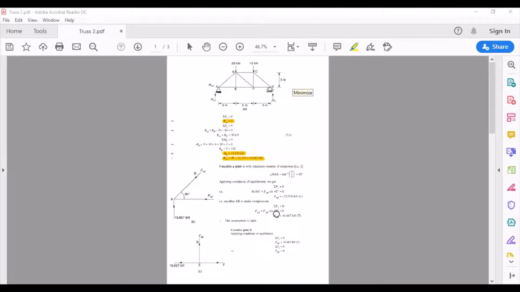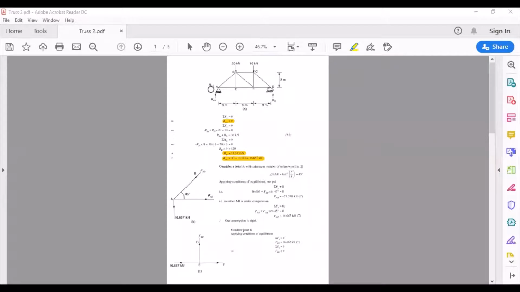Those are two members. Along with that, you have a reaction RAY, which is upwards, and next is RAX, which is 0. So your vertical reaction, which you have already calculated, RAY as 16.66, is shown here.